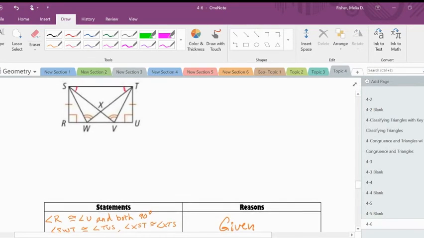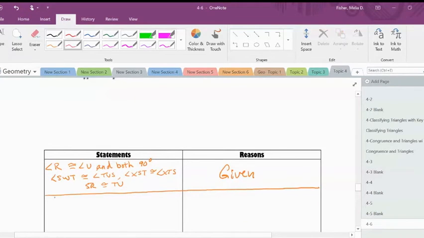So triangle STX is isosceles, and that is the base angles of isosceles triangle theorem.